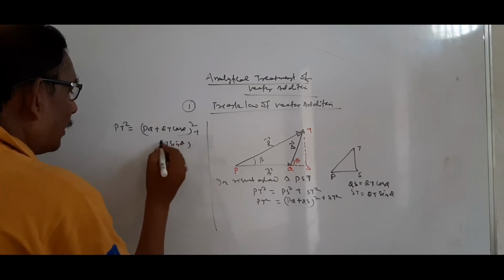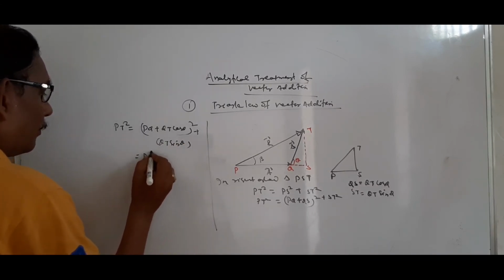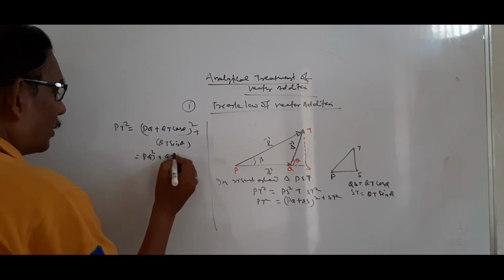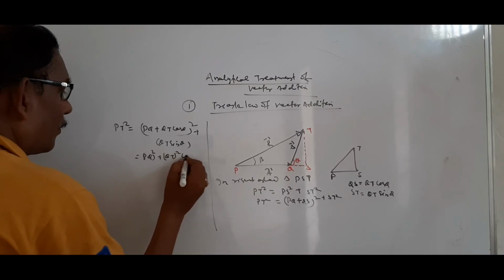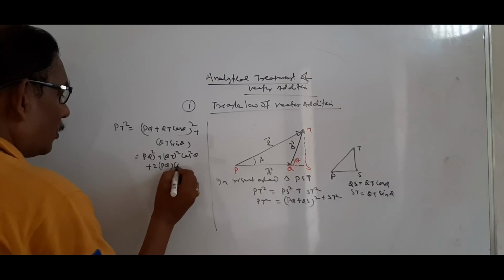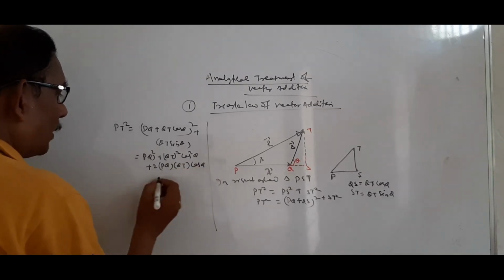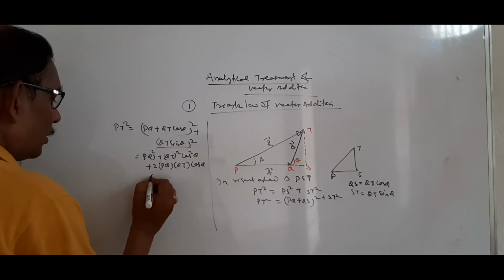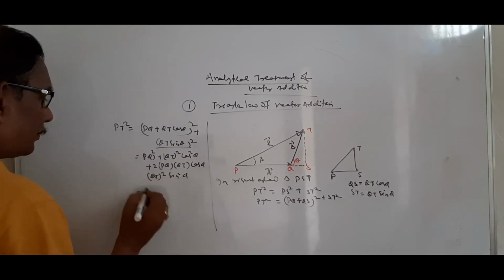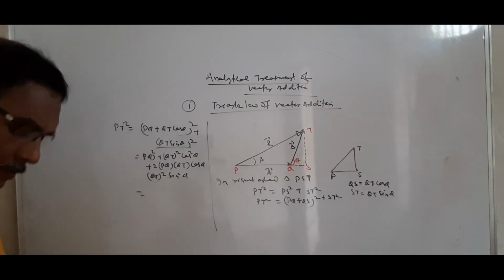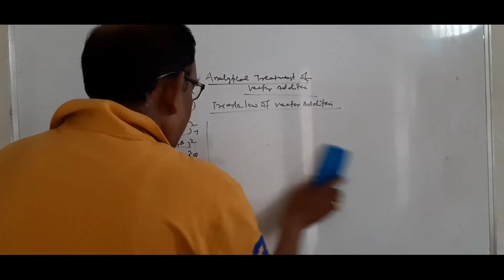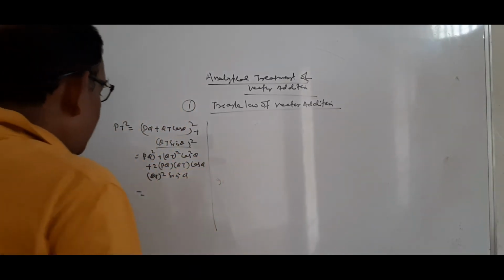QT sin theta. It is your PQ square plus QT square cos square theta plus 2 PQ QT cos theta, and it is your QT square sin square theta. Now you have to expand this one.